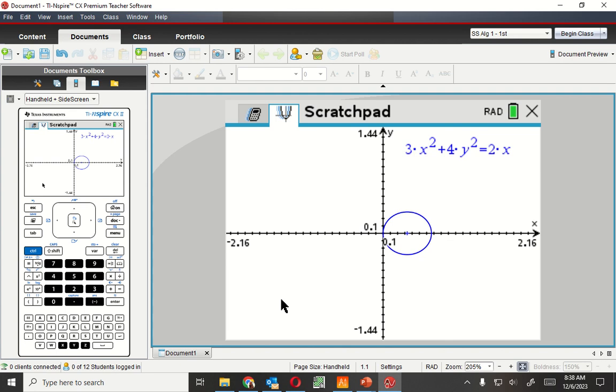You could either grab the axis and stretch it.